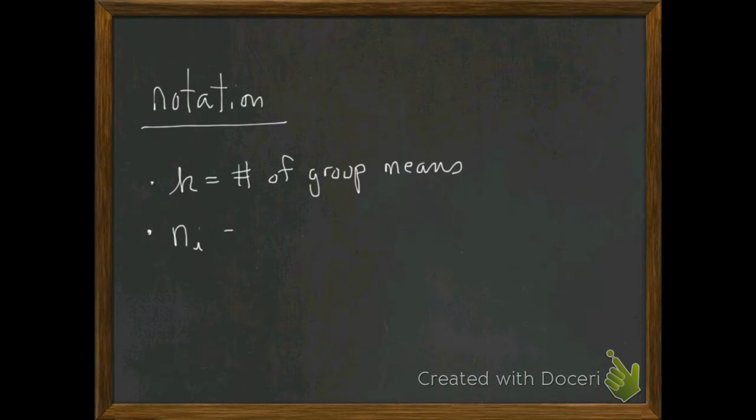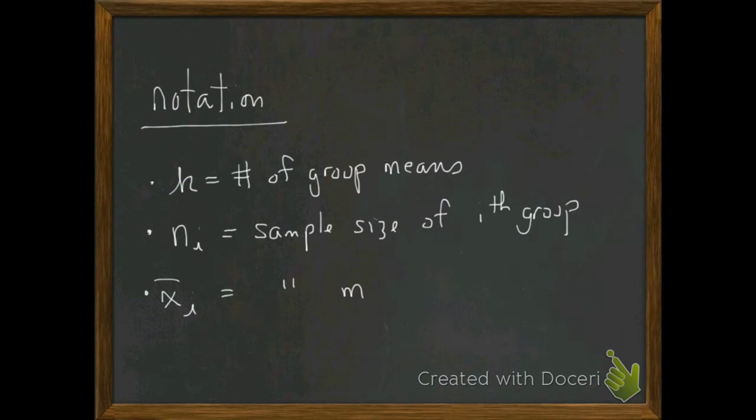N sub i is going to be the sample size of the ith group. X bar sub i is the sample mean of the ith group. And S sub i will be the sample standard deviation of the ith group.